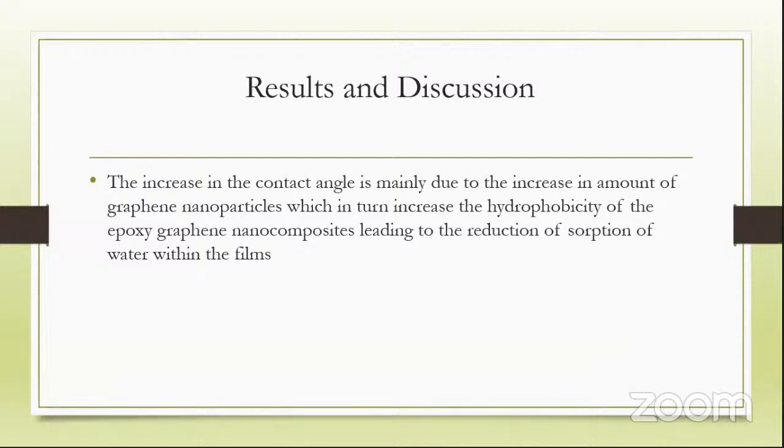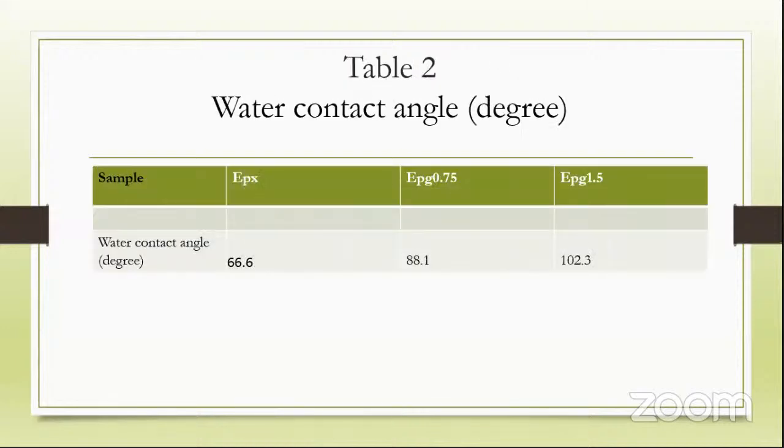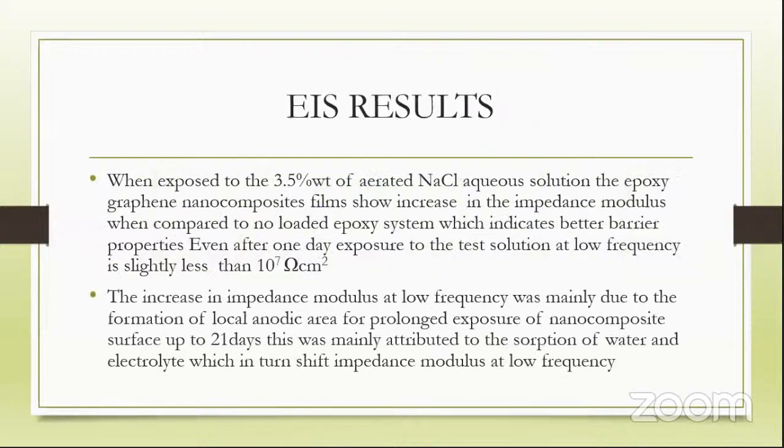There is an increase in the contact angle with increase in the amount of graphene nanoparticles, which mainly leads to the reduction of absorption of water within the films. The measured contact angles were for pristine polymer, 66.6; for 0.75% of the nanocomposite, 88.1; for 1.58%, 102.3 degrees.